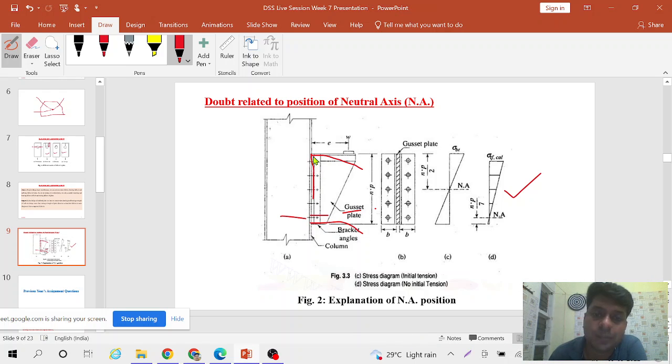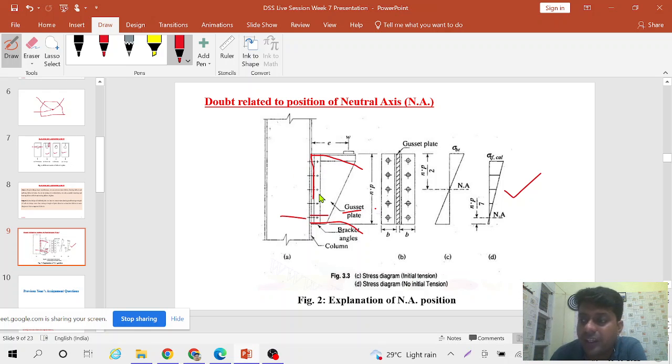Practically, let us suppose the tension part. I agree that the plate will not leave the contact surface, meaning both plates will be in contact with each other in the case of initial tension bolts. When bolts are initially tensioned, the plates will be in contact.